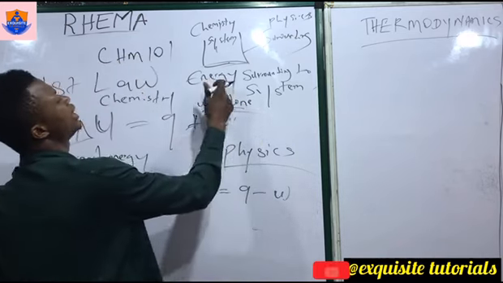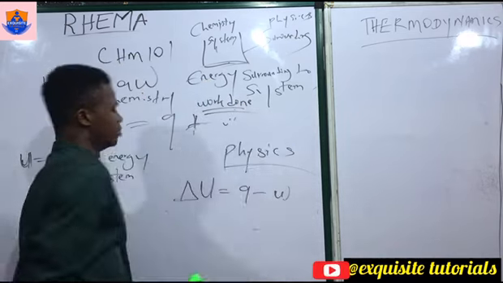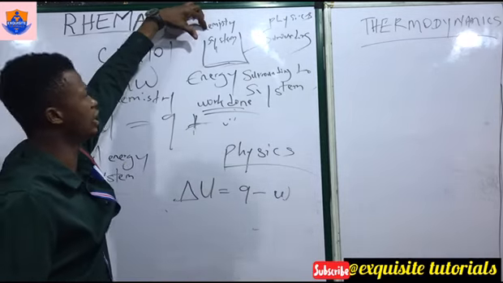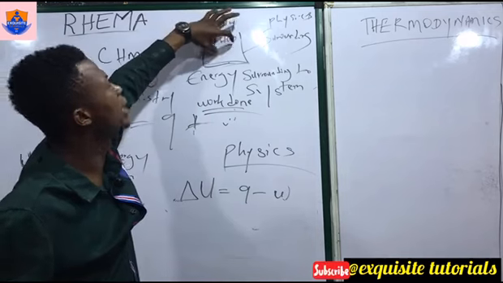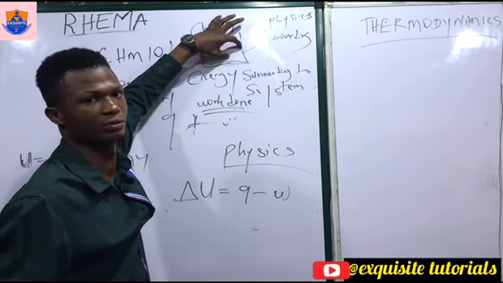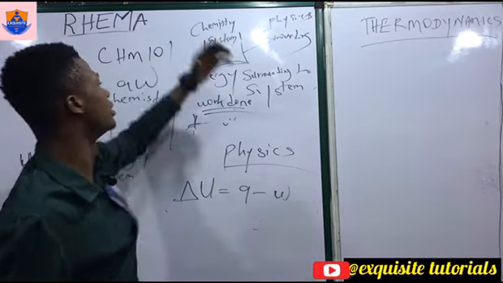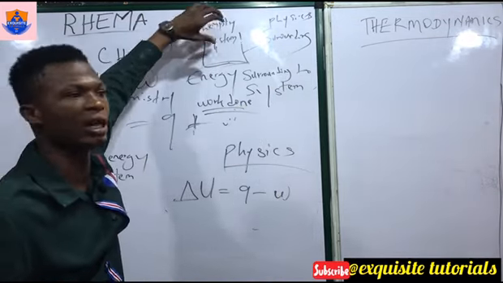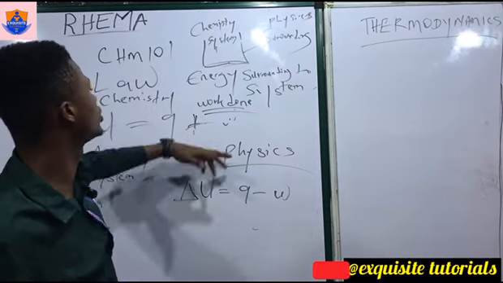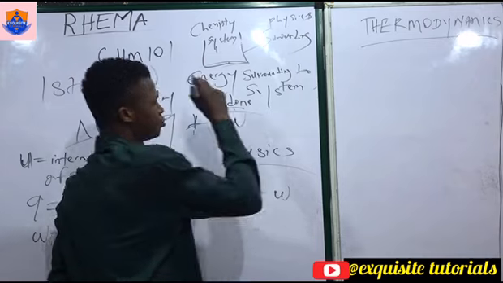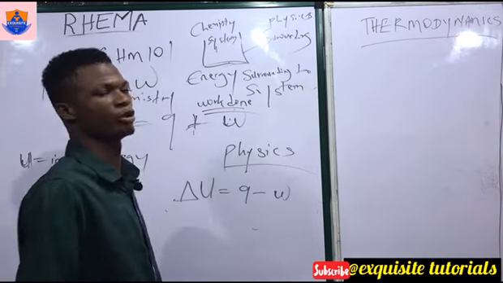This is work done. Energy is transferred from the surrounding to the system. Now, since in chemistry our point of view is on the system, that means the system is gaining energy, so the system is positive. I don't know if you're getting me. It means that you have transferred heat from the surrounding to the water you are boiling. Now the water has gained more heat, which means W here is positive. Remember, the point of view is the difference.